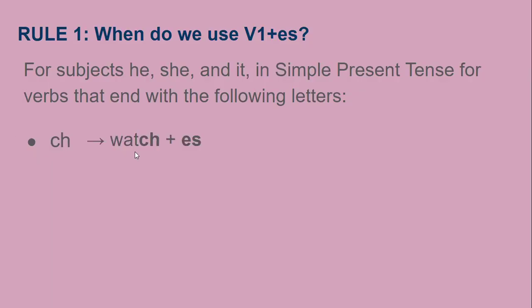For example, we have a verb here, watch. So watch ends with C followed by H. So in the simple present tense for subject he, she, it, at the end of this verb, we add es. And it becomes watches. Okay?